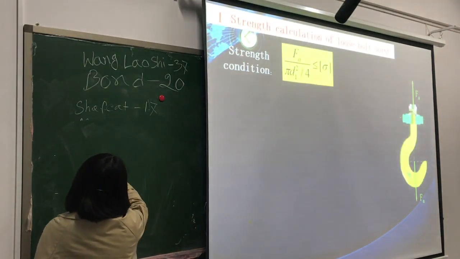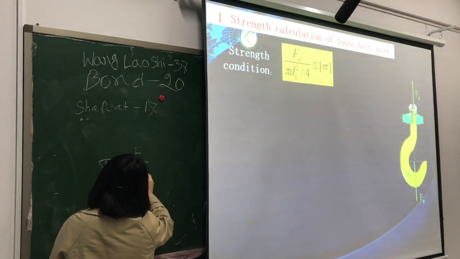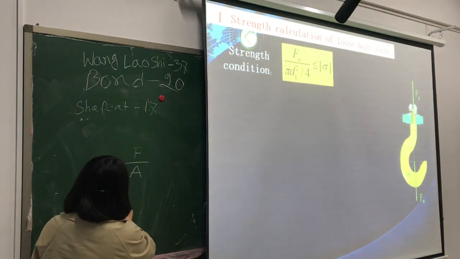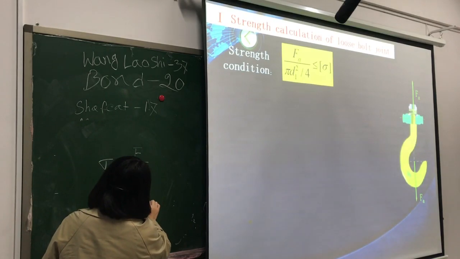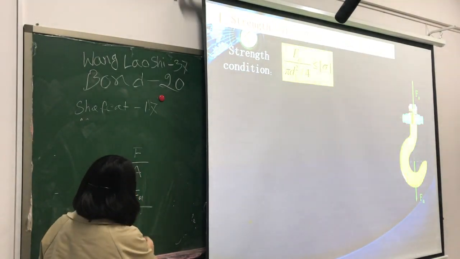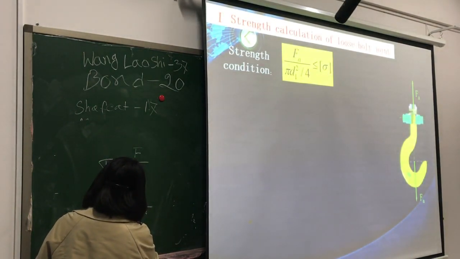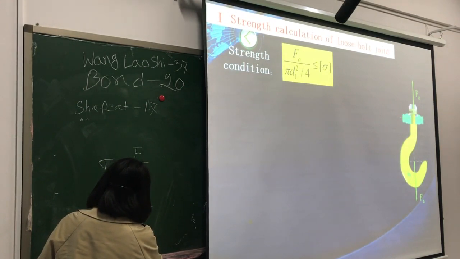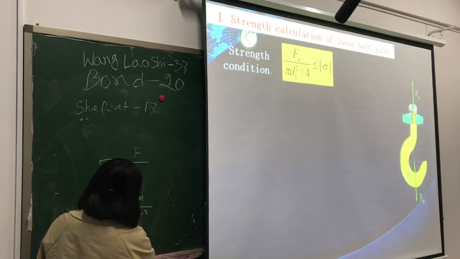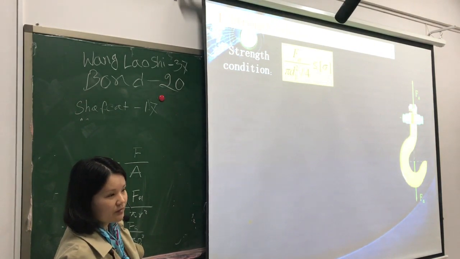The stress is force over the area, and the force is Fa, and the area is π d1 squared over 4, and d1 is the minor diameter of the screw thread.